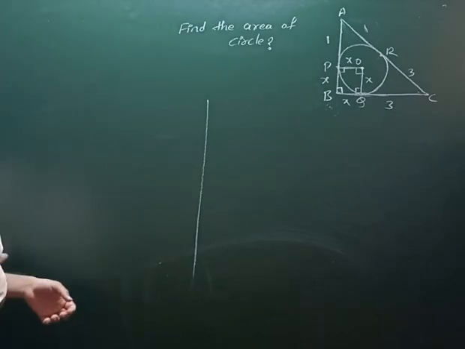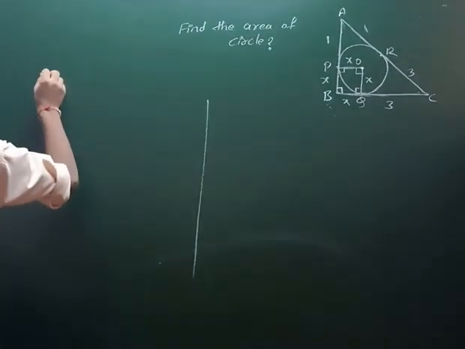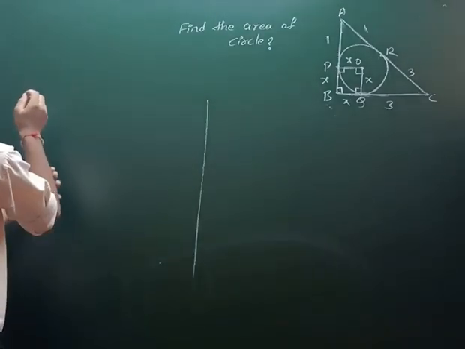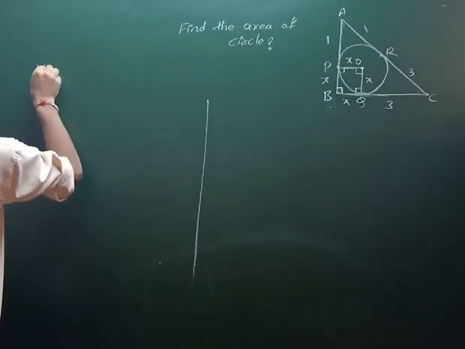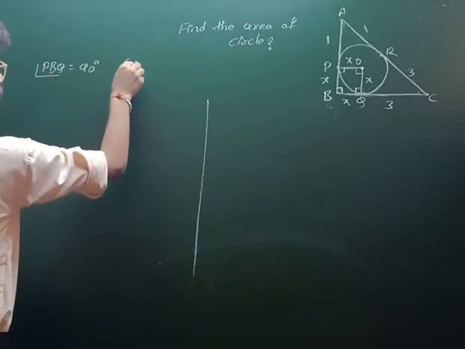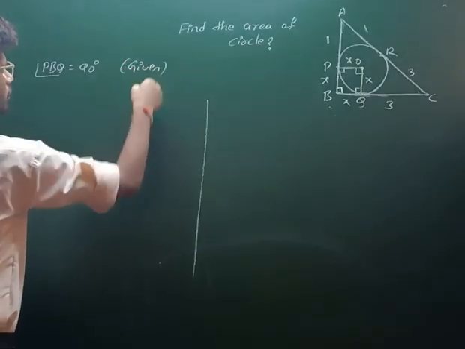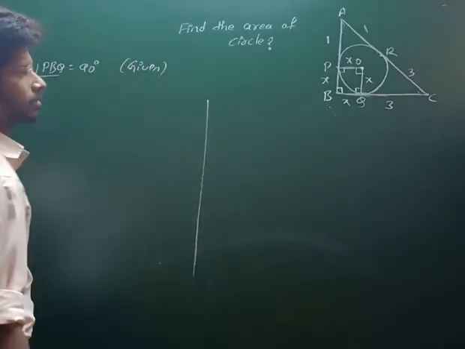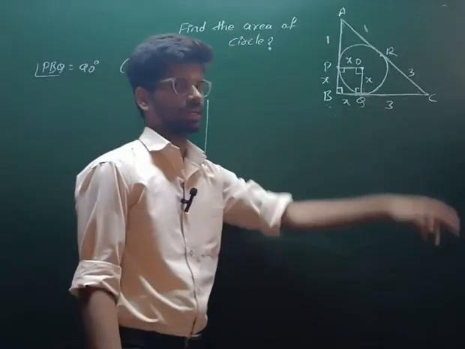First, what you should write is Given: angle PBQ is 90 degrees. Why? Because it is given that ABC is a right angle triangle.